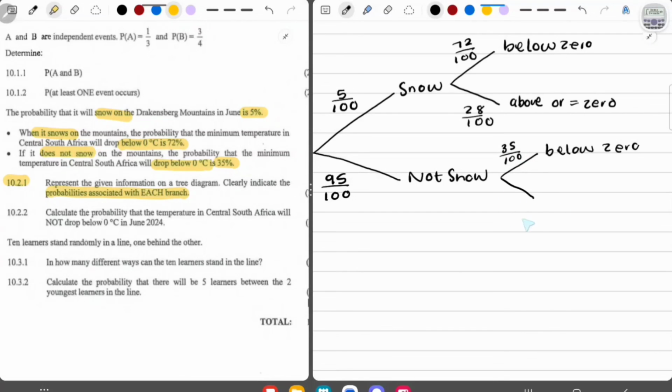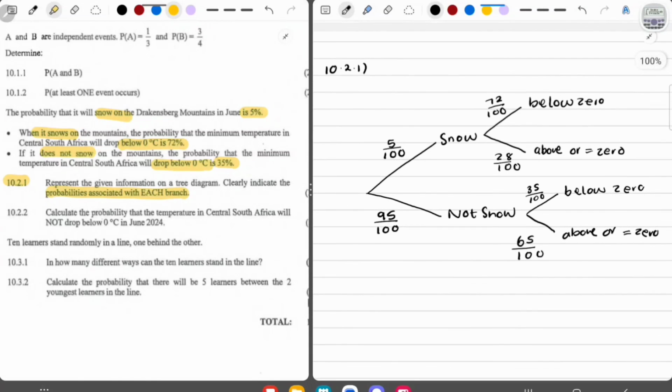So what is the alternate one, where it's going to be above or equal to 0? Honestly, I feel like they would just say above 0. I'm being too technical here. So 100 minus 35 is 65%, so 65 over 100. Okay, so that's what we have all through here.